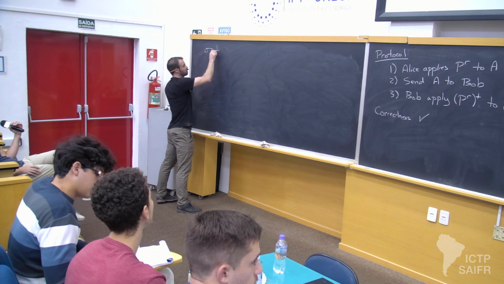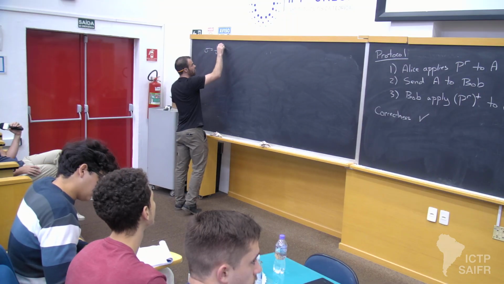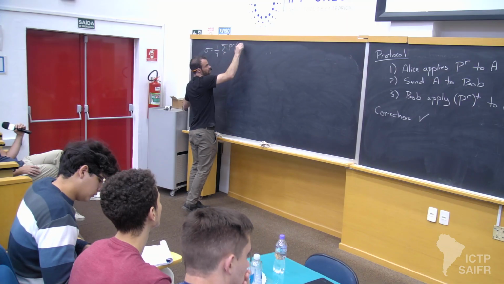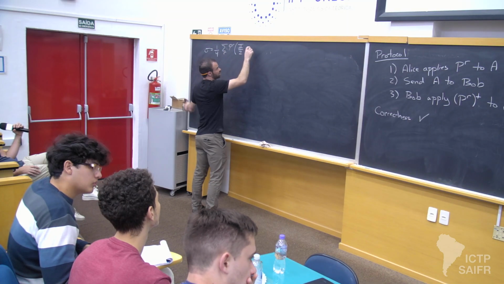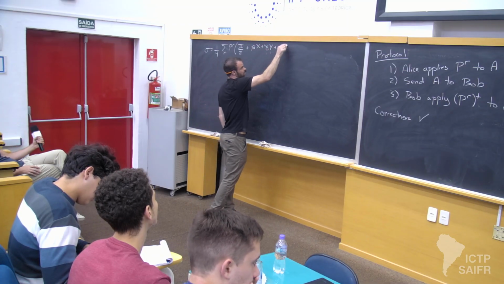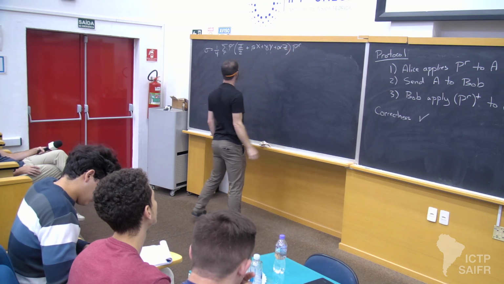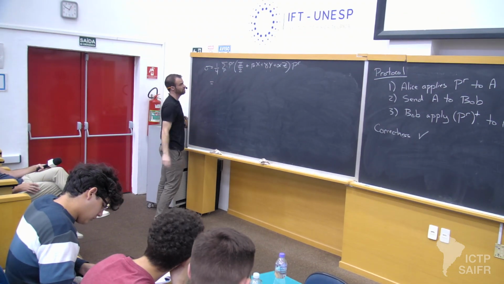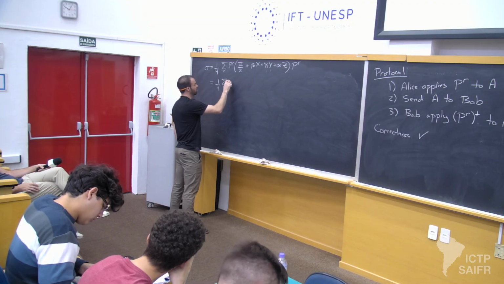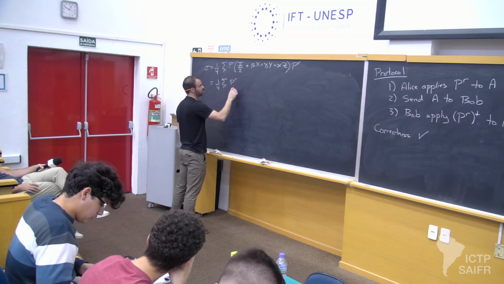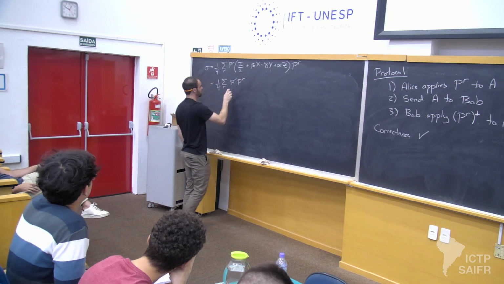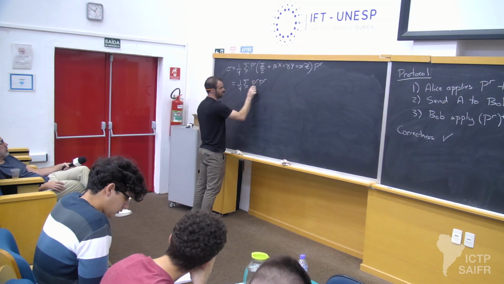So sigma is 1/4 sum over R PR, and then I have like identity over 2 plus beta x plus gamma y plus alpha z, and then PR. Right? And I can split that into 4 terms. Sum over R, PR, identity, which doesn't do anything, PR, and then a 1/2, right?